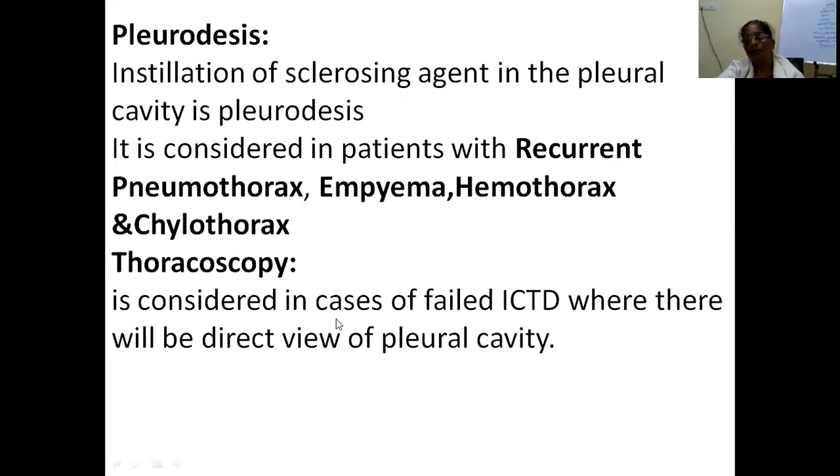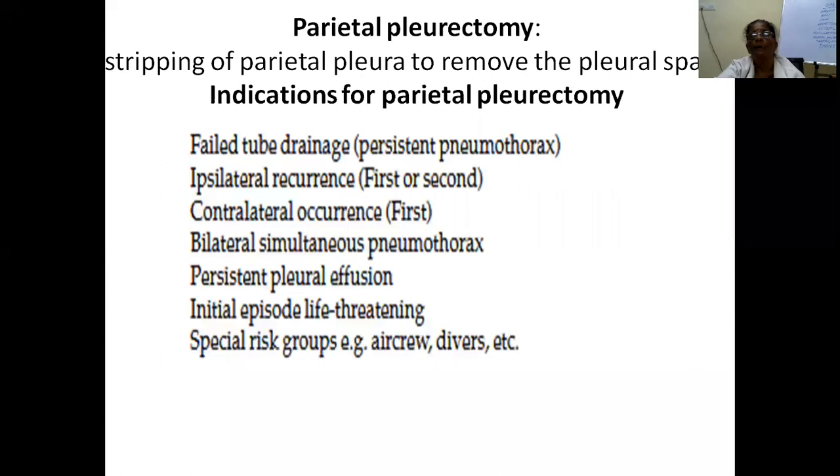Then thoracoscopy. As I told you, if failed in such cases, we go for thoracoscopy. And thoracotomy or parietal pleurectomy, that is stripping of the parietal pleura, should be done in some cases where the intercostal tube drainage or the thoracoscopy has failed. So what are the indications of parietal pleurectomy?